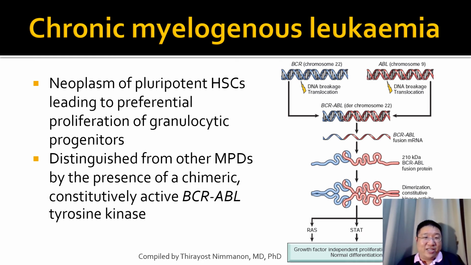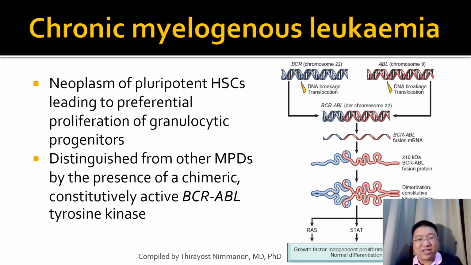And chronic myelogenous or chronic myeloid leukemia is the neoplasm of pluripotent hematopoietic stem cells, leading to preferential proliferation of granulocytic progenitors. It is distinguished from other myeloproliferative disorders by the presence of a chimeric constitutively active BCR-ABL tyrosine kinase.